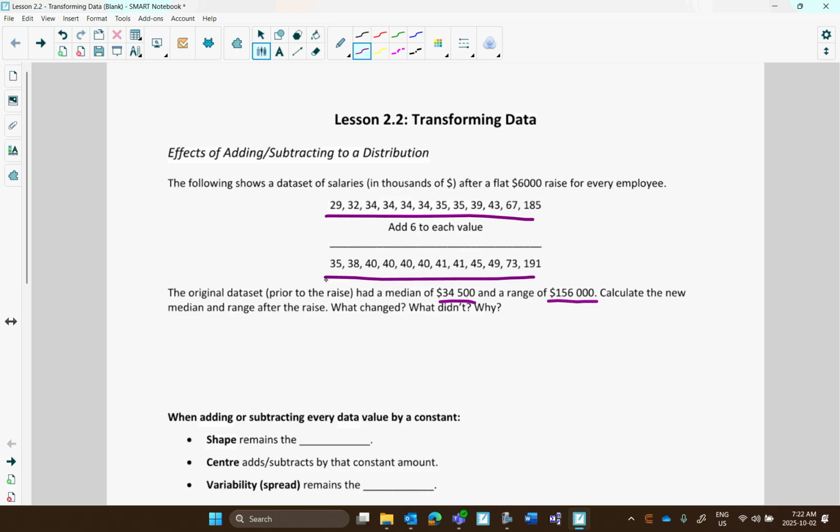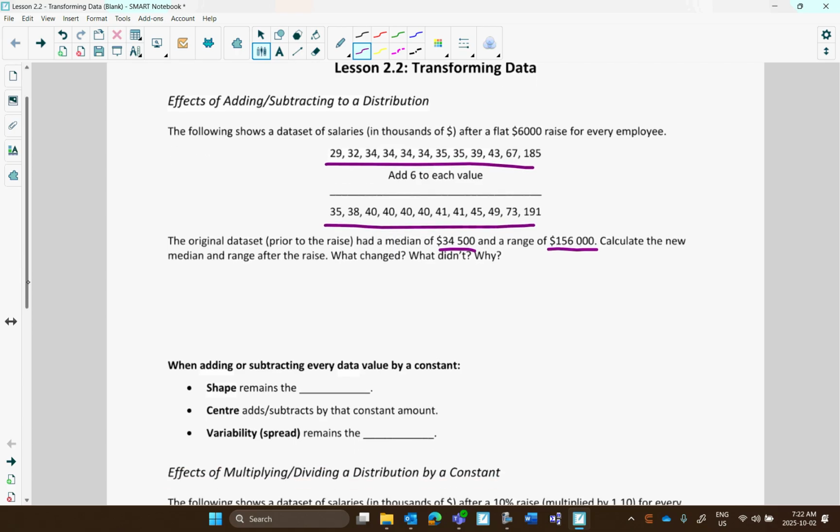And if we were to calculate the median using this new distribution, we would get a new median. There's 12 data values, so the median will be the average of the two numbers in the middle, which works out to 40,000.